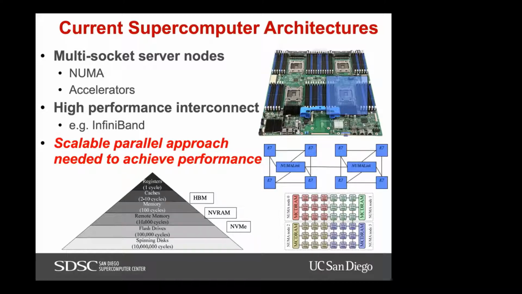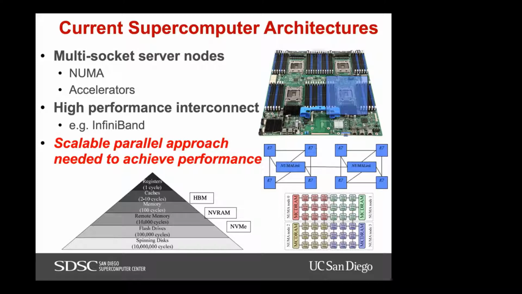So, as many of you probably already know, today's computers are essentially clusters of a lot of multi-socket nodes. So each node itself, like if you look at Expanse, for example, you have 2 sockets and 64 cores on each socket. So you end up with quite a lot of cores sitting on a node, and then they're all interconnected with some kind of high-performance interconnect.